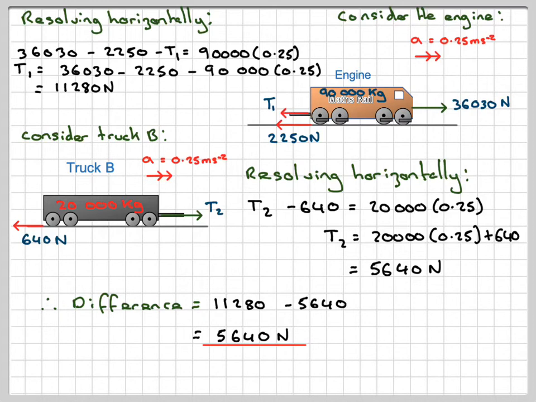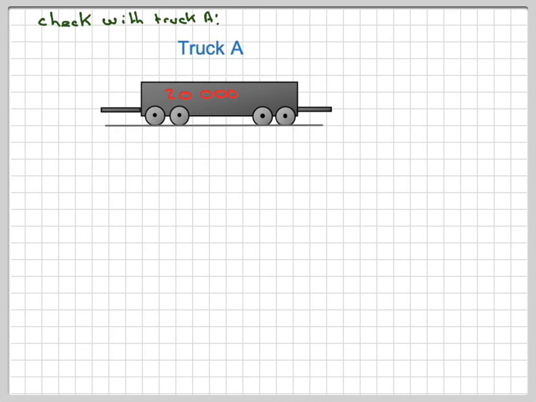We can check this calculation by looking at truck A. You wouldn't perhaps have to do it in an exam, but it might be a good idea. Truck A is 20,000 kilograms. We've got T1 in that direction, T2 in this direction, a resistance to motion of 640 newtons, and an acceleration of 0.25 meters per second squared.